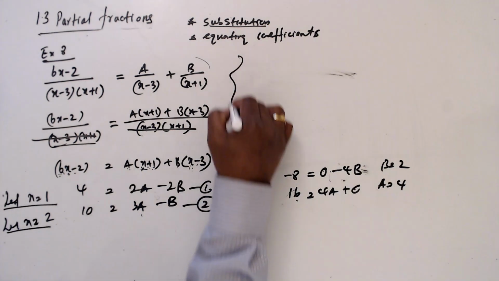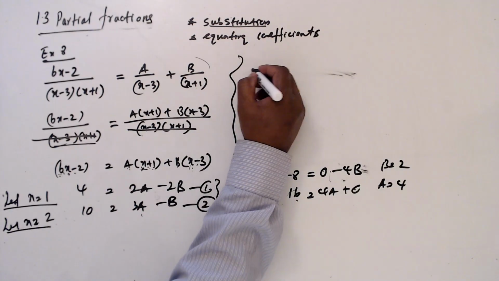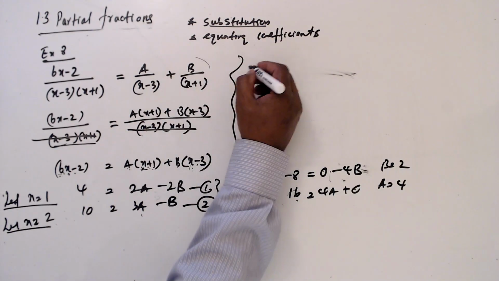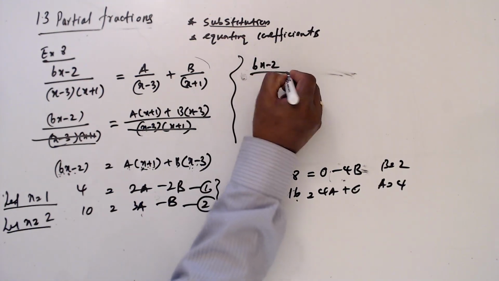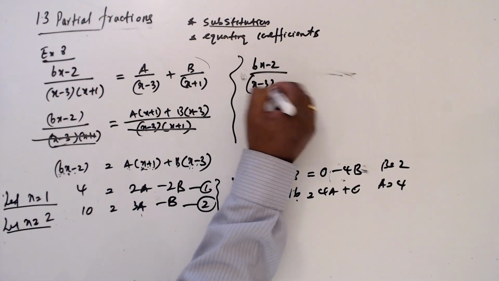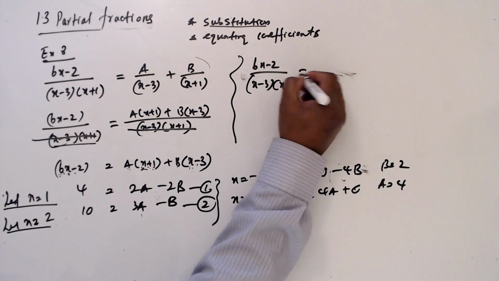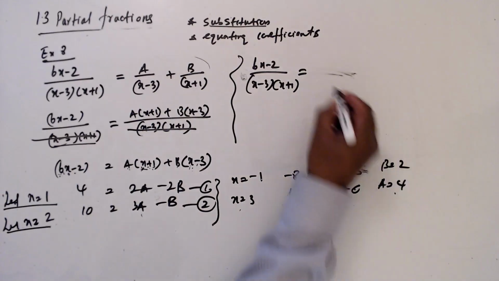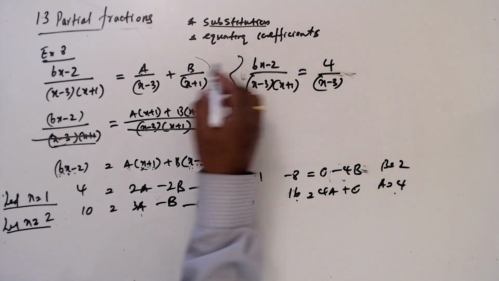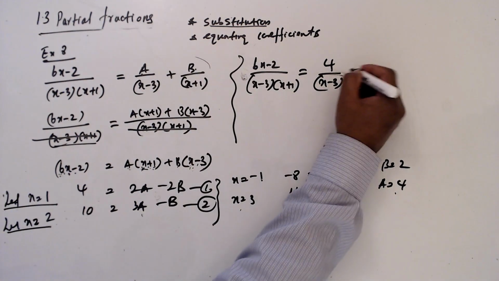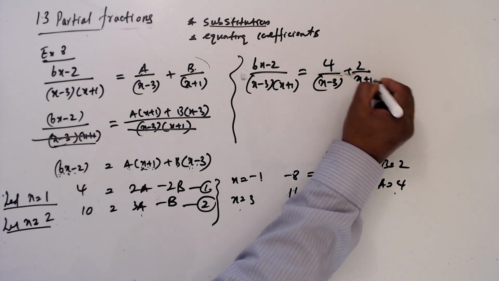Now we can finish our answer. We know the values. 6x minus 2 over x minus 3 times x plus 1 equals a, which is 4, over x minus 3, plus b, which is 2, over x plus 1.